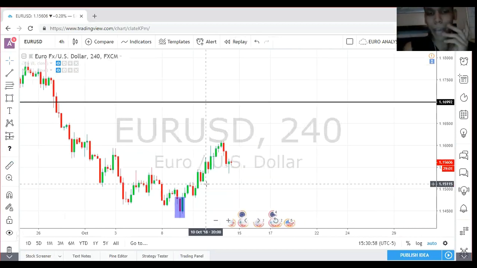All right. Tweezer patterns, tweezer tops, tweezer bottoms, tweezer patterns in general basically indicate a level of support or resistance that hasn't been broken.